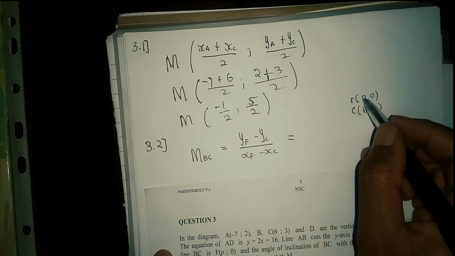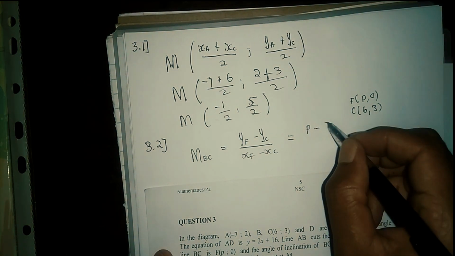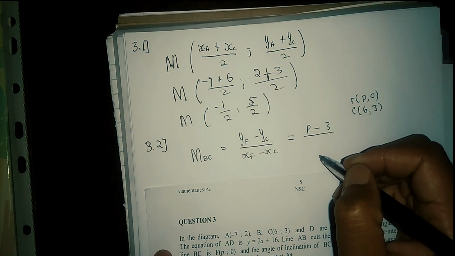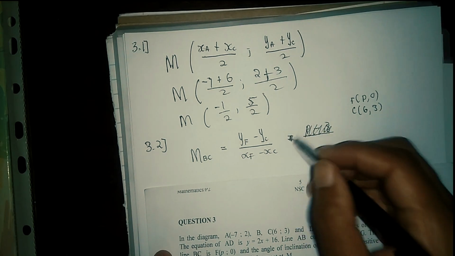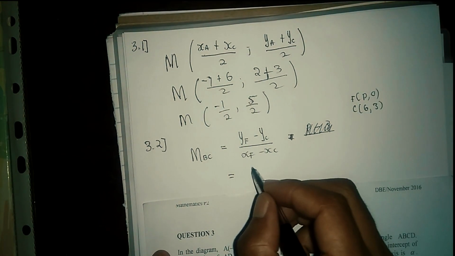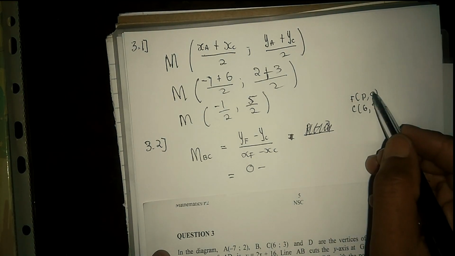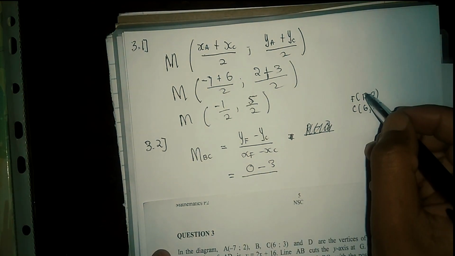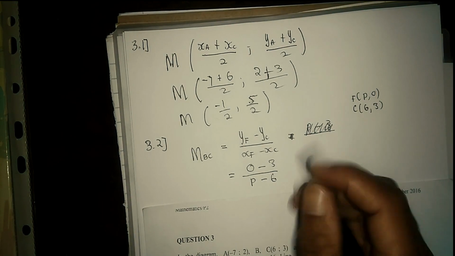So YF is 0 minus YC, which is 3, over XF, which is P, minus XC, which is 6.